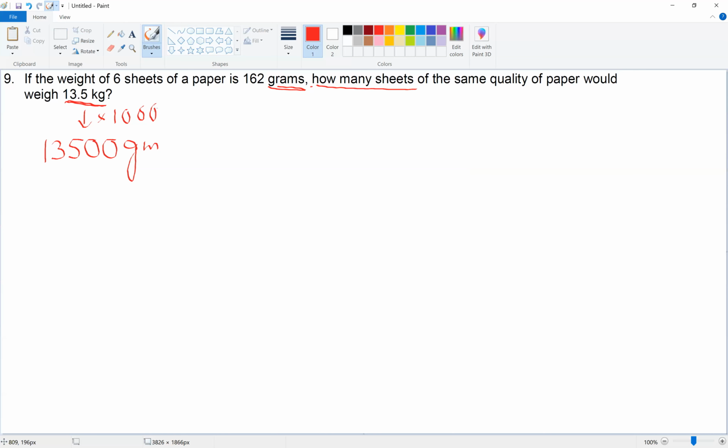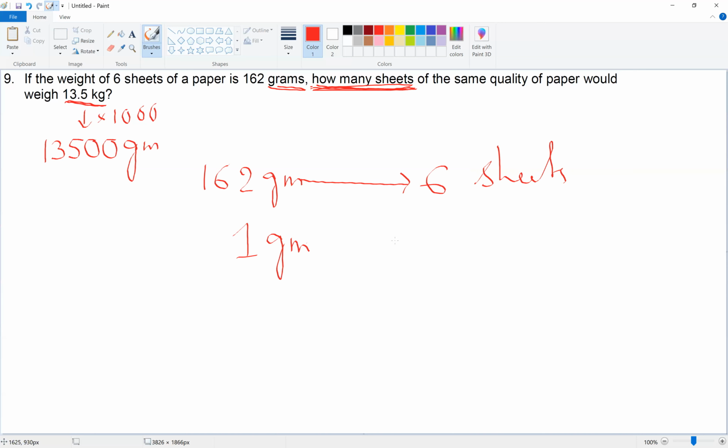Now, what is the question? The question is how many sheets of the same quality paper would weigh that? So it would be 6 over 162 grams. 6 sheets, so 1 gram is 6 over 162.